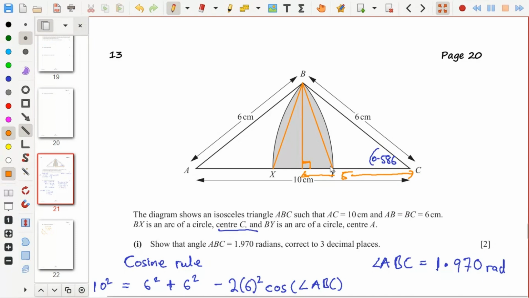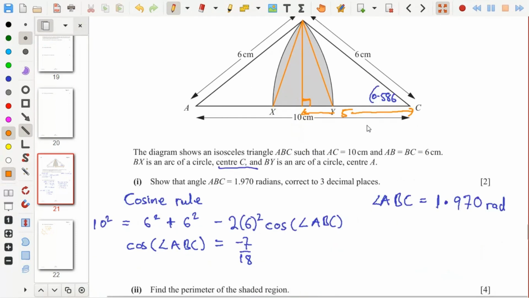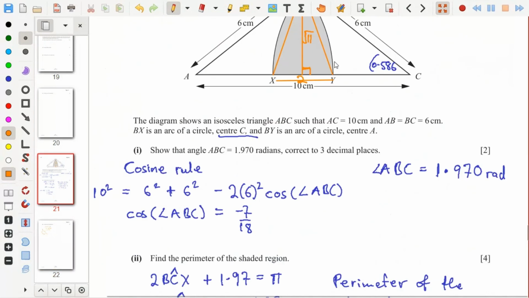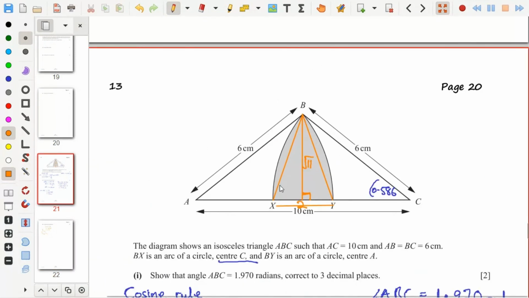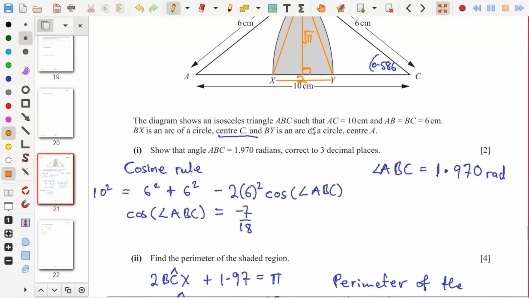You can find the area of the whole triangle because you know that the base is 2 centimeters, then the height is root 11. So now let's find the area of triangle. The triangle I can call XBY.